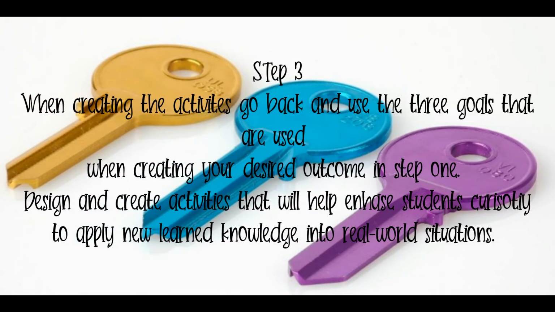The biggest takeaway in step 3 is that when creating the activities, go back and use the 3 goals that are used when creating your desired outcome in step 1, which is to design and create activities that will help enhance students' use of real-world learning to problem solve.